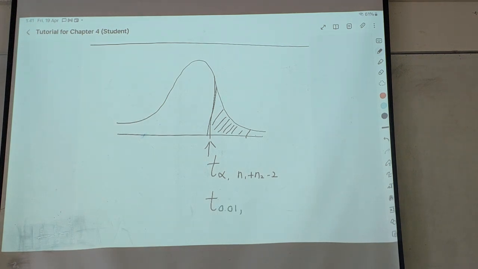So n1 plus n2 minus 2 will become 25. Can you find this value? 2.485. Yeah.